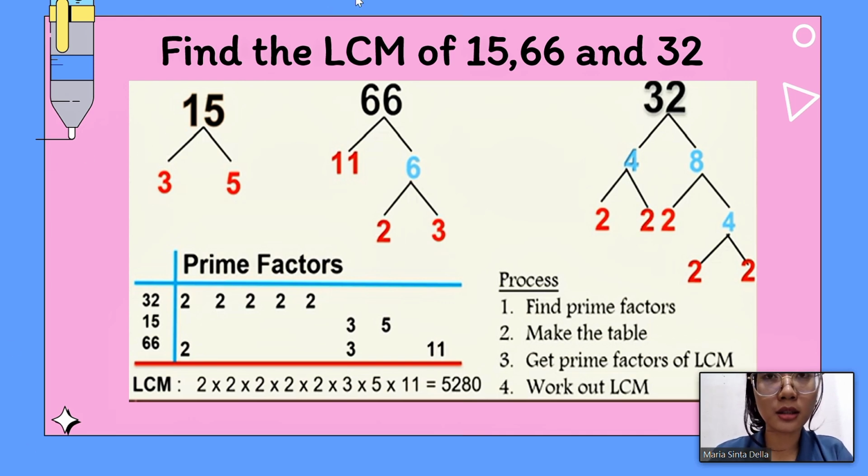Sorry guys, times 5 is 480, times 11 is 5,280. So the LCM of 15, 32 and 66 is 5,280.